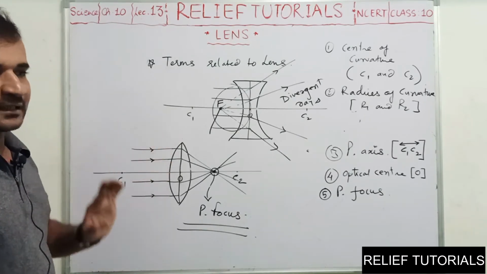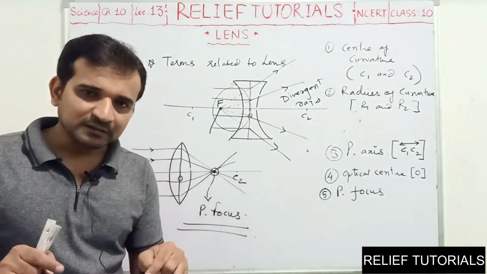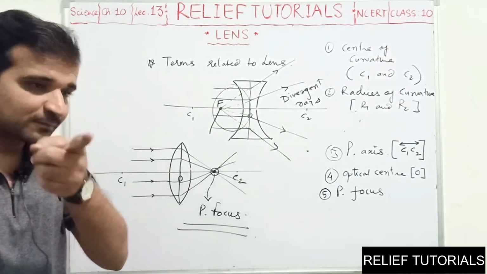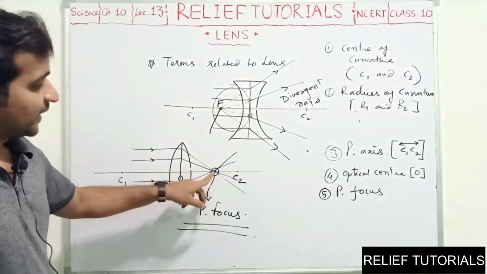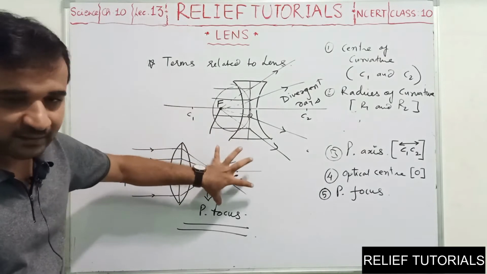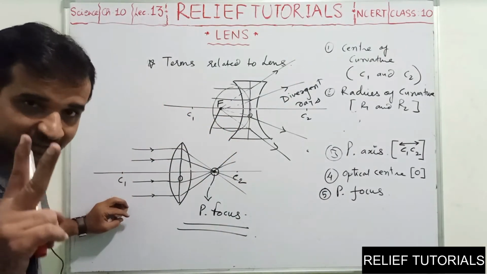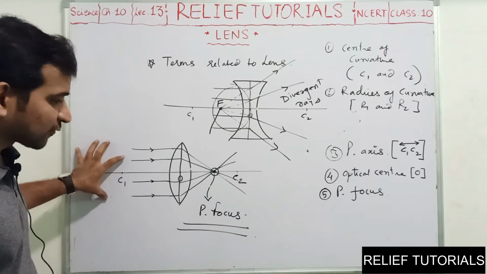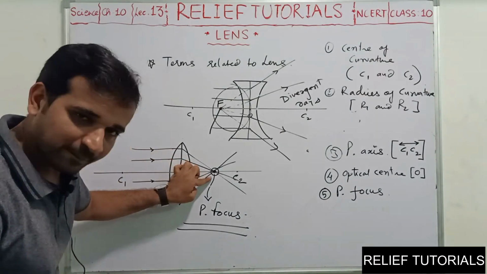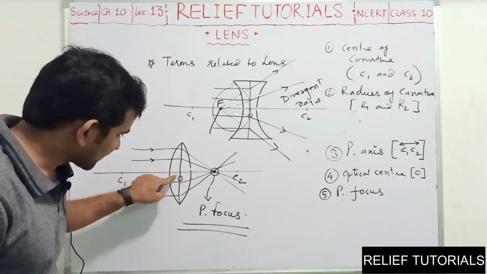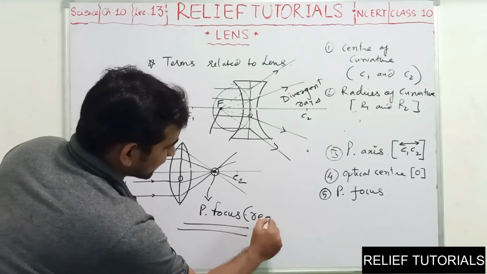In the case of lens, we can place the object on both sides. One more thing to remember, in the case of convex lens, the rays are really meeting. So in the case of convex lens, principal focus is always real.